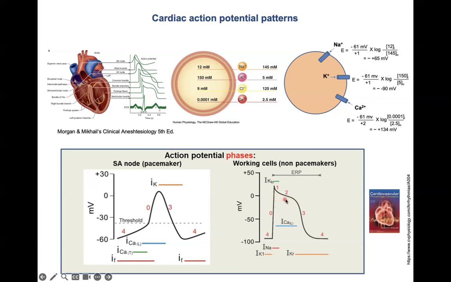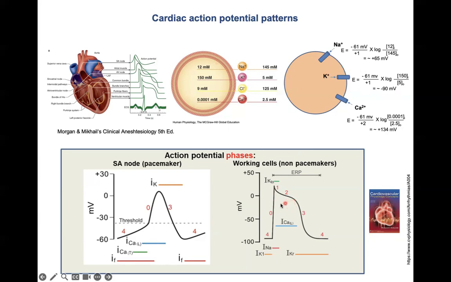From here all the way to here, we open up calcium channels, highly specific calcium channels. Once these calcium channels are open, they are also voltage dependent, voltage gated. During this time of about 200 milliseconds, the calcium channels remain open.